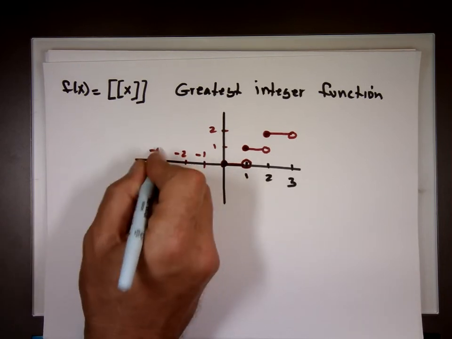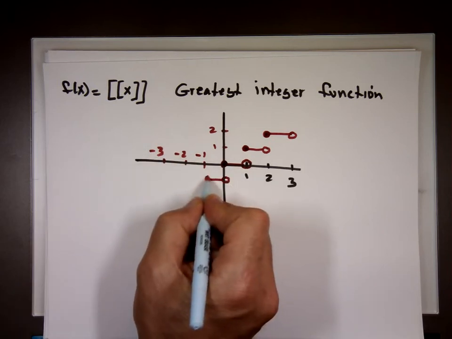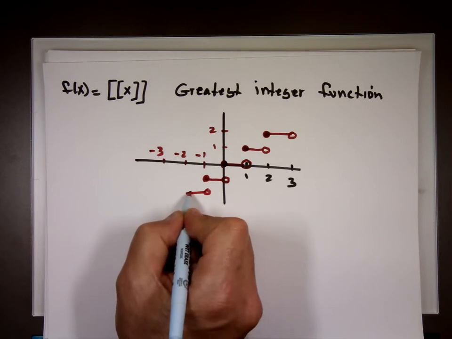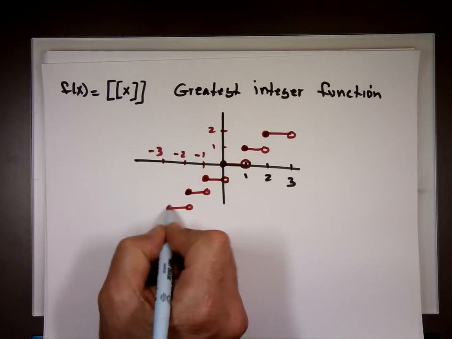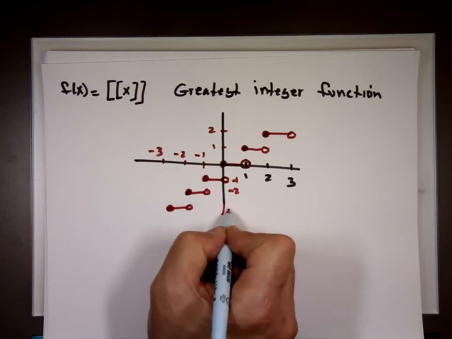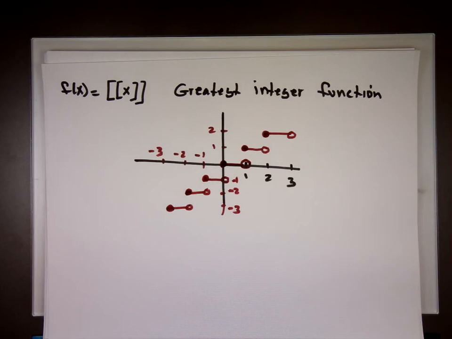As I said to you, it looks like stairs. That's called the greatest integer function.